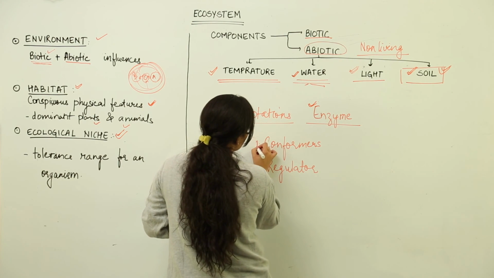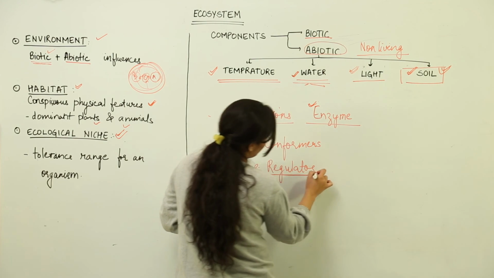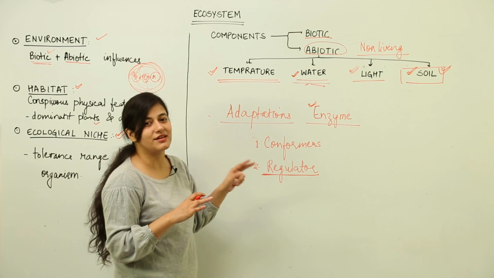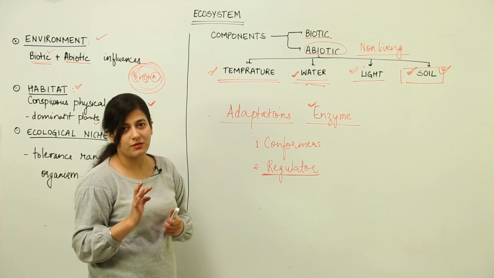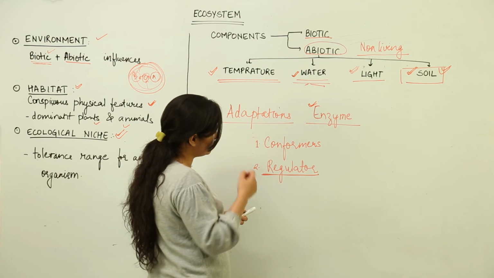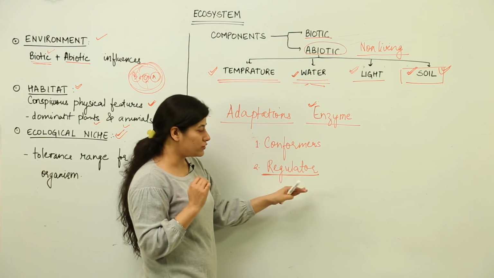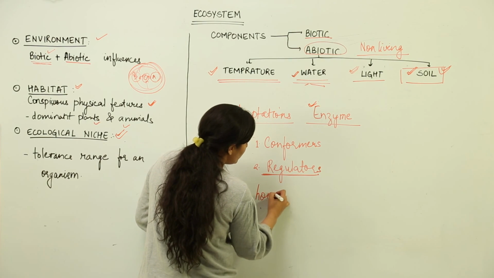The organisms which are able to regulate their internal temperature, it hardly matters whatever the outside temperature is. You know your body has 37 degrees Celsius as your body temperature. Whatever the temperature outside may be, that temperature is not going to change. If there is a slight change, that we call fever. So we are basically regulators. We know how to maintain the body temperature, and that is known as homeostasis.